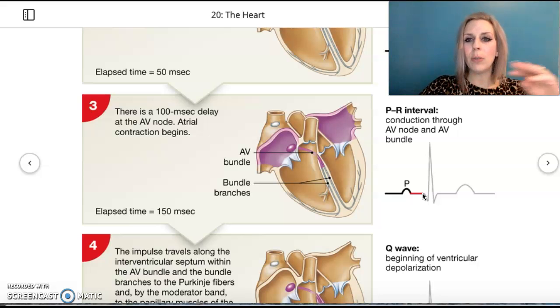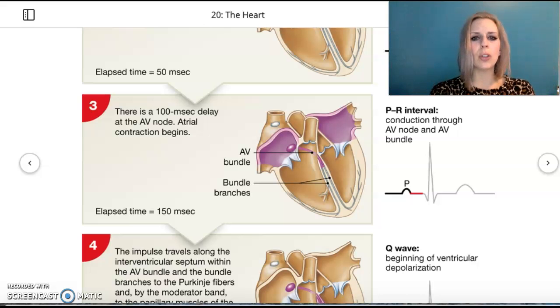We'll have a 100 millisecond delay, and then we're going to have the AV node conducting to the AV bundle. That 100 millisecond delay is, again, so the atria can relax before the ventricles contract, but it's also going to allow for the flooding of the calcium into that sarcoplasmic reticulum so that we can begin our contraction of our ventricular contractile cells.